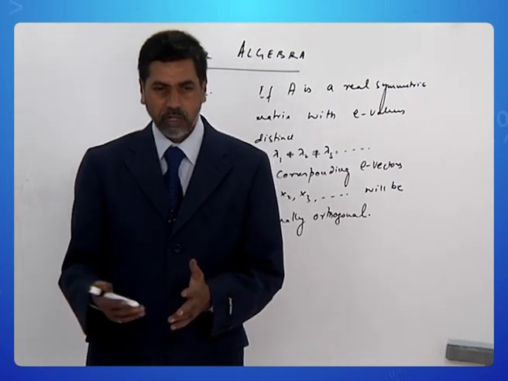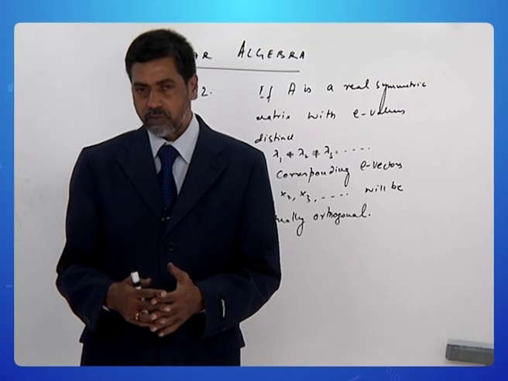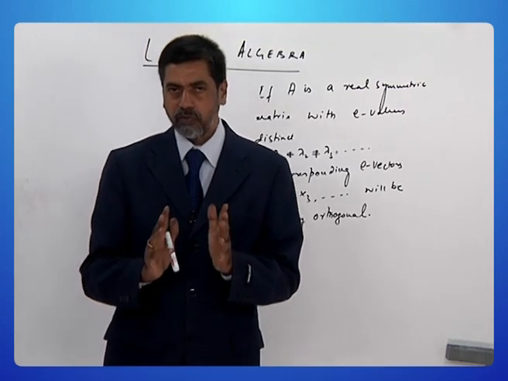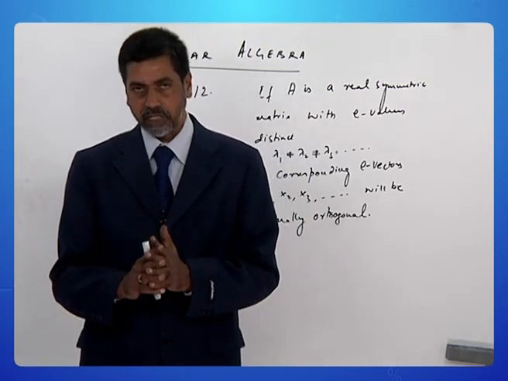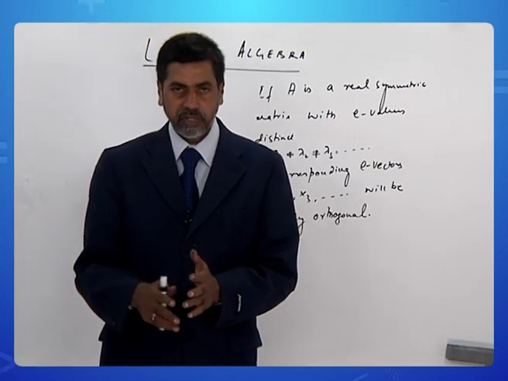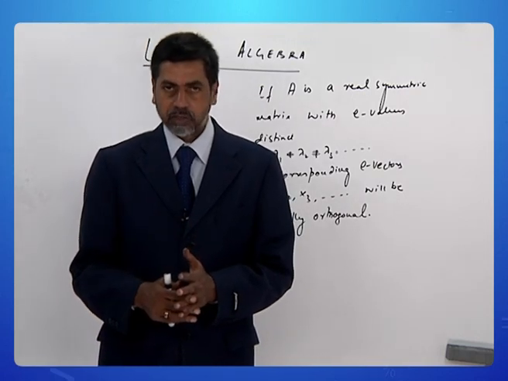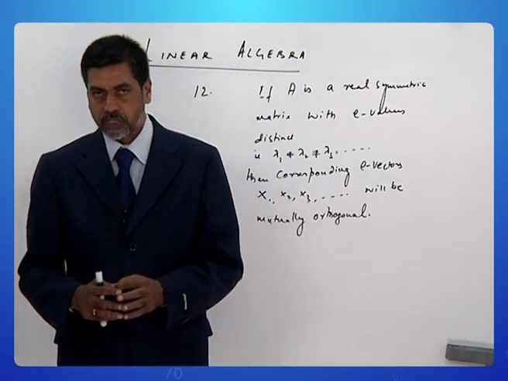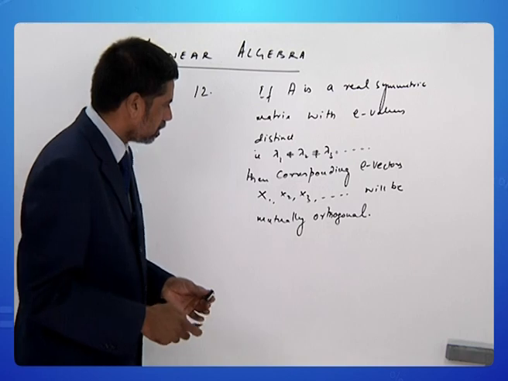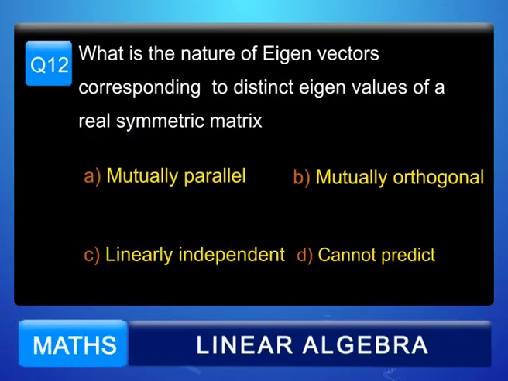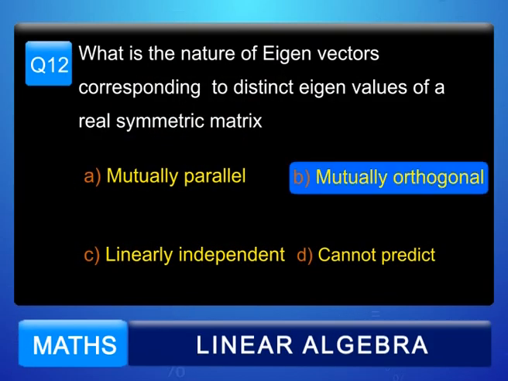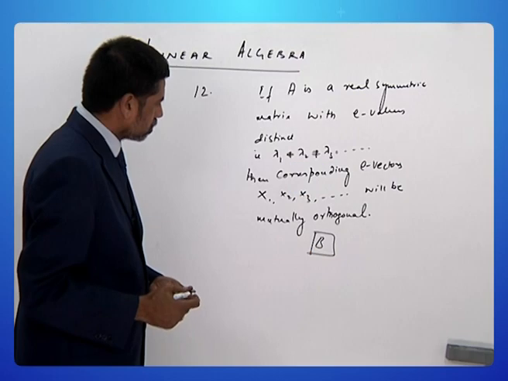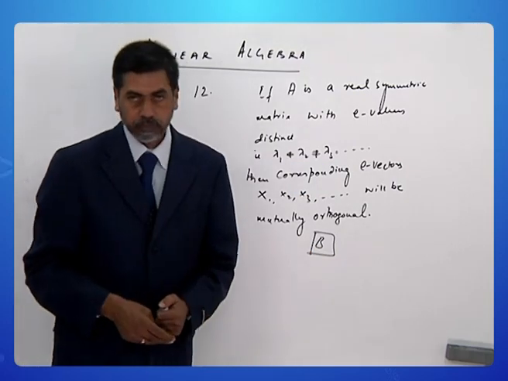There is a separate procedure for that, but right now, if the eigenvalues of a real symmetric matrix are distinct, their vectors will definitely be mutually perpendicular. This is a very fundamental principle that all students may remember. So among the options, we have option B as the correct one. Let's go to the next question.